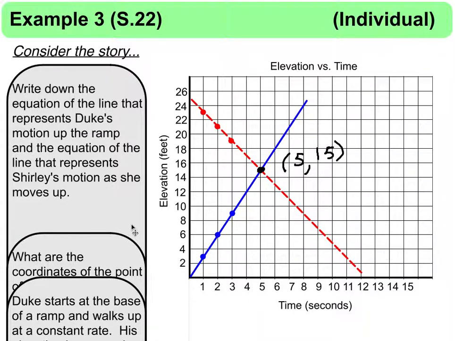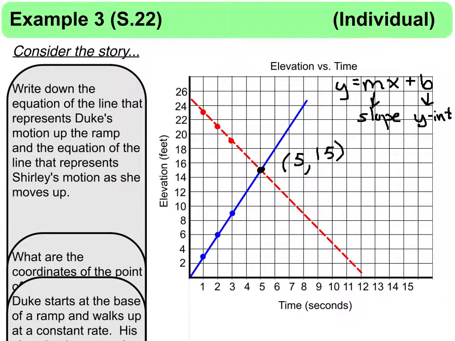And then finally, they're asking us in this story to write down the equation of the line that represents Duke's motion up the ramp and the equation that represents Shirley's line down the ramp. So that involves a student having the ability to work with the linear equation y equals mx plus b, where m is our slope and b is the y-intercept, or in other words, where they started from in the graph.